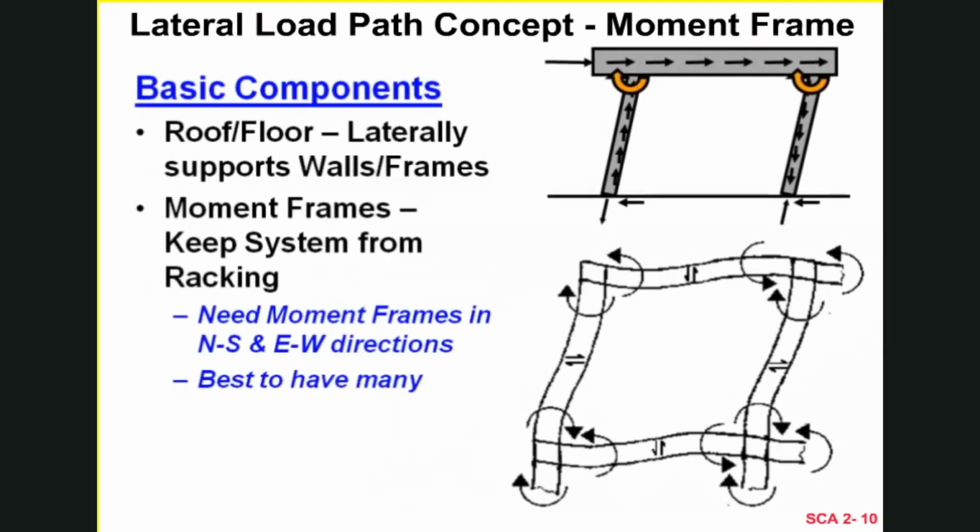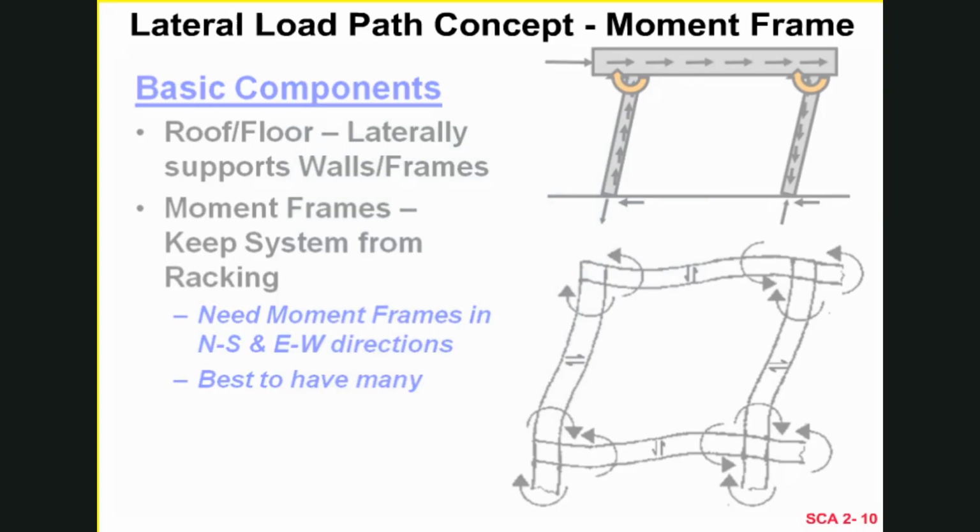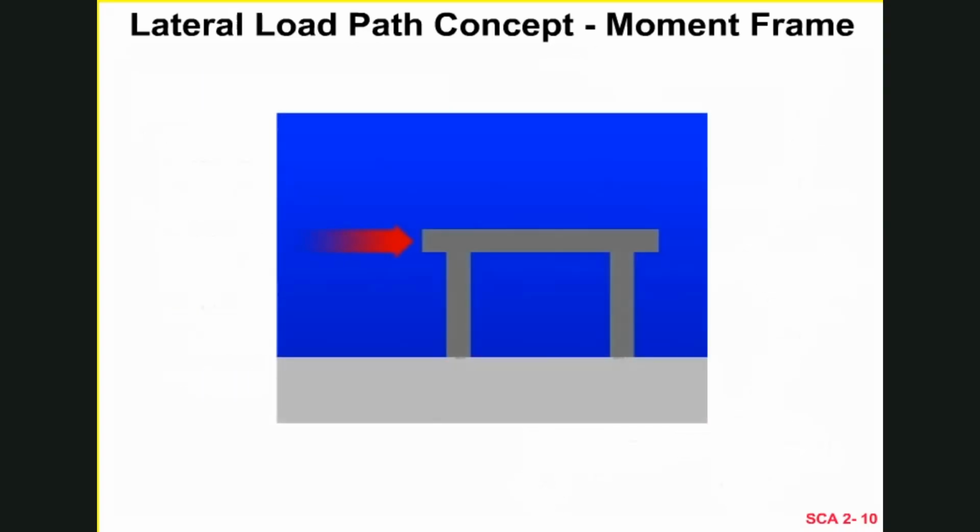The second type of building system for lateral loads is the moment frame. There, again, it is a frame system, but in order to resist the lateral loads, we are providing a rigid attachment between the beams and the columns.